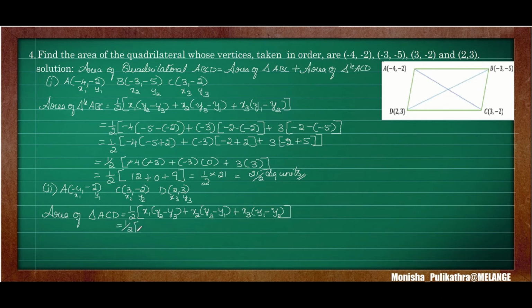So here half into x1 is minus 4, y2 is minus 2 minus y3 is 3, plus x2 is 3 into y3 is 3 and y1 is minus 2. So we need to put a bracket here. Plus x3 is 2, y1 is minus 2 minus y2 is also minus 2.